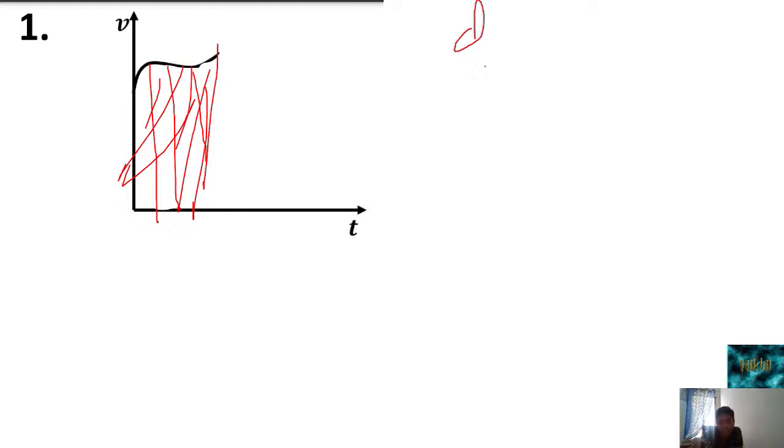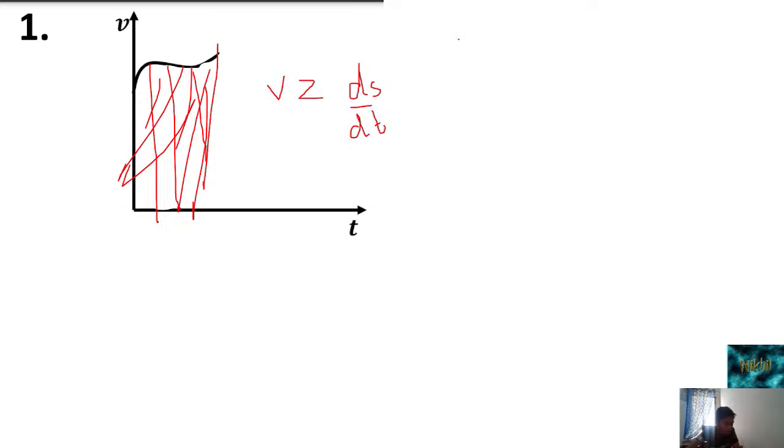So what can it be written as? It can be written as dV by dt. Then will it be ds by dt or dv by dt? Tell me, ds by dt or dv by dt? ds by dt. Good. So it will become v is equal to ds by dt. Very good.